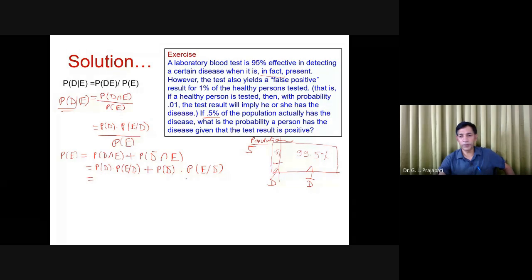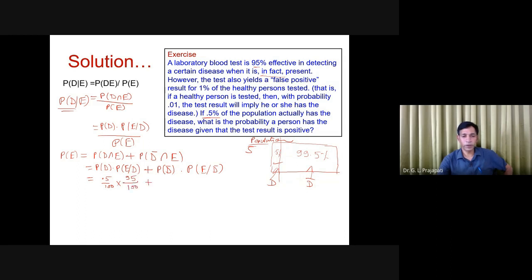So you can compute here. What is the probability of D? 0.5%, multiplied by probability of E given D. What is this? It is the probability that the person tests positive given that the person actually has the disease, and this is 95% effective, so 95 divided by 100.